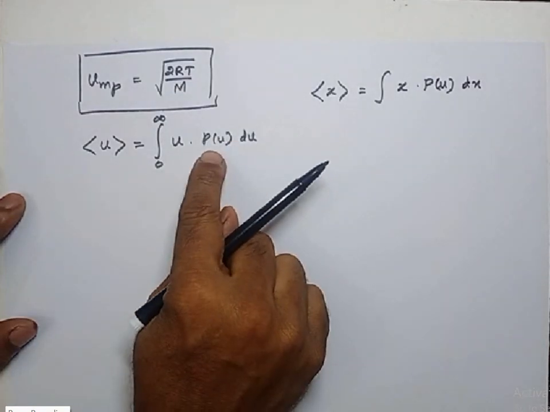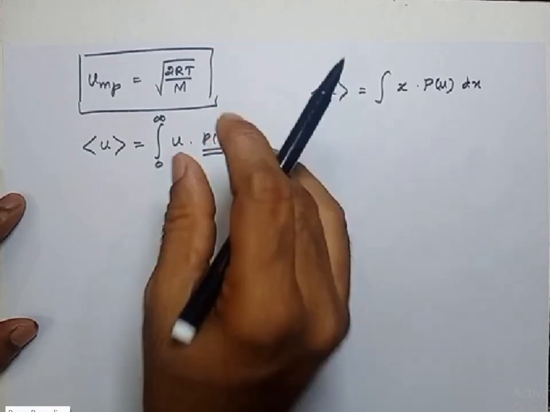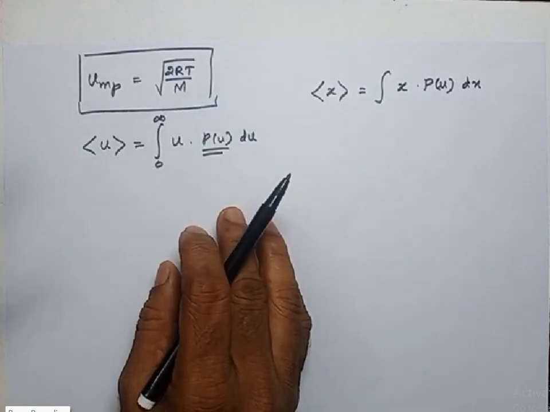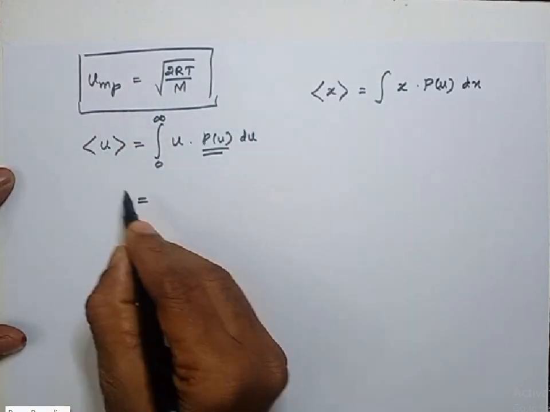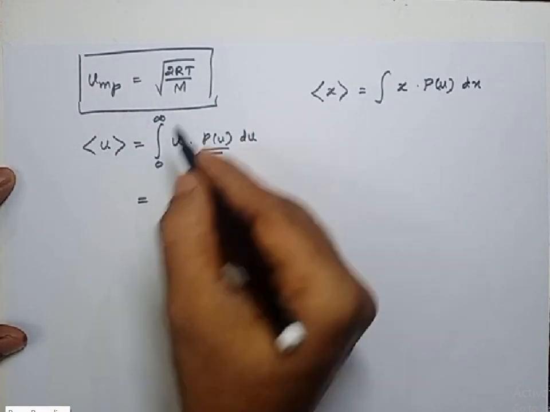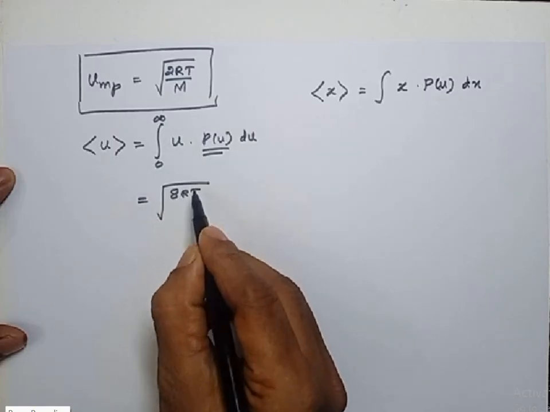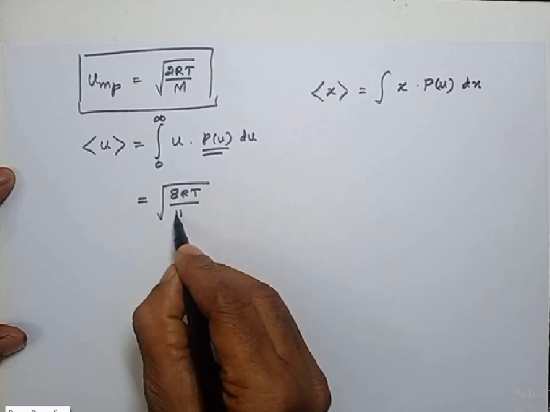I have given the formula for P of u; substitute it and do the integration. You will get the final expression, but I am not going to do that. After simplification, the average velocity comes out as square root of 8RT by pi M.